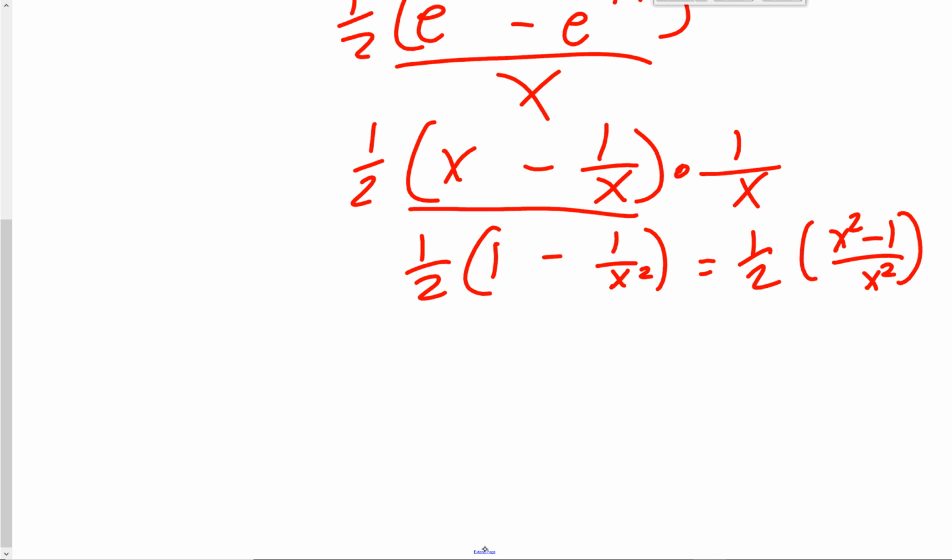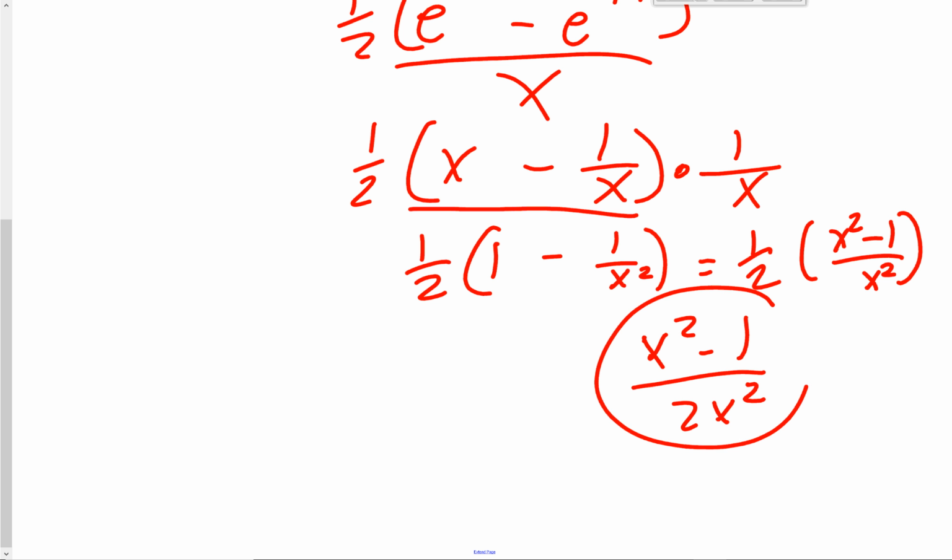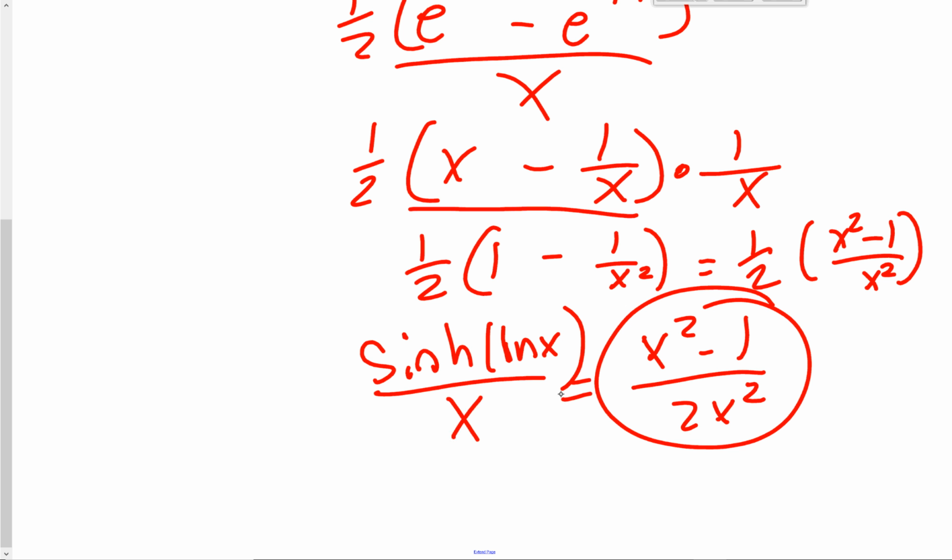Distribute the 2. So x squared minus 1 over 2x squared. There you go. Which is ln of x over x. Those are equal.